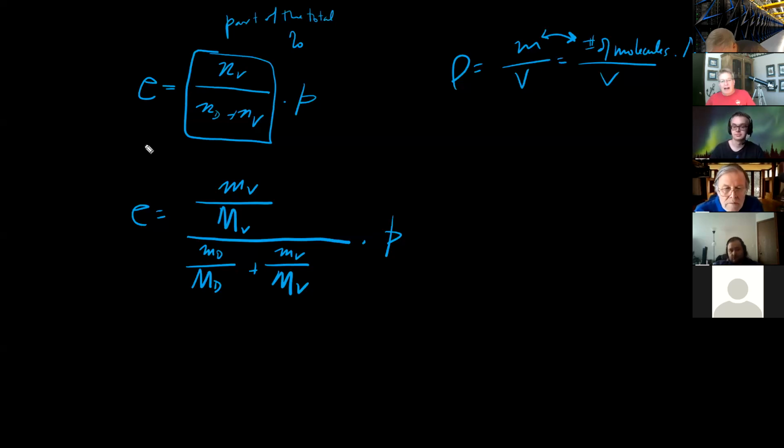So I know that in the numerator, I'm going to need to get to W. That's what it is in 359. And that's going to be the mass of the vapor divided by the mass of the dry air. That's W. But then what else do I have in there?